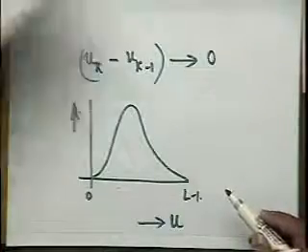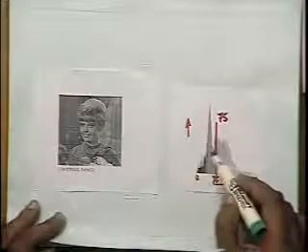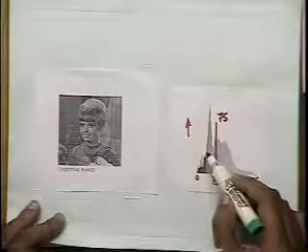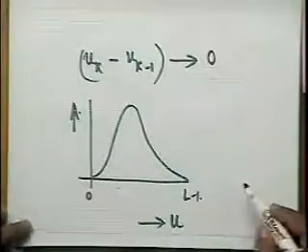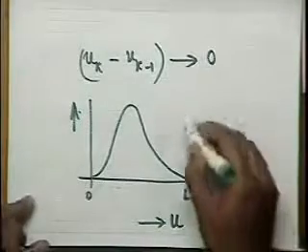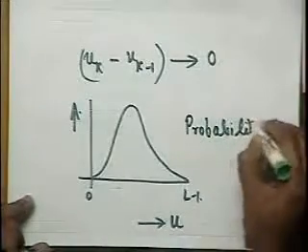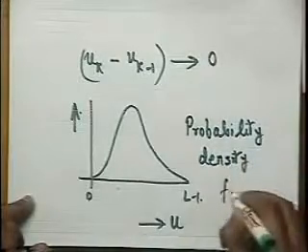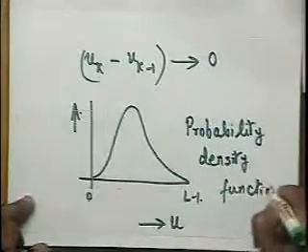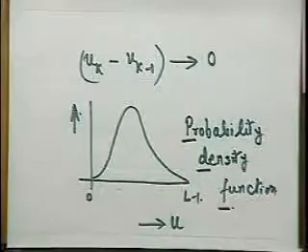For the discrete case I was calling it the histogram, or the frequency of occurrences. If I make it a continuous function, what should I call it? This results in a probability density function. So this curve gives me the probability density function, or rather PDF.